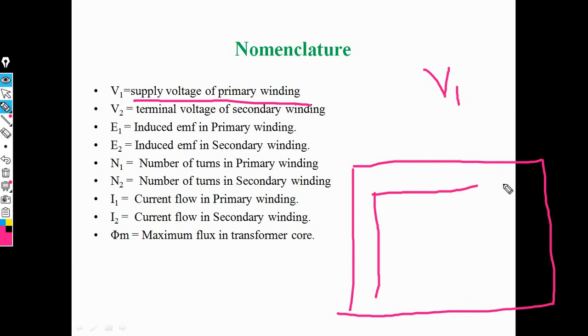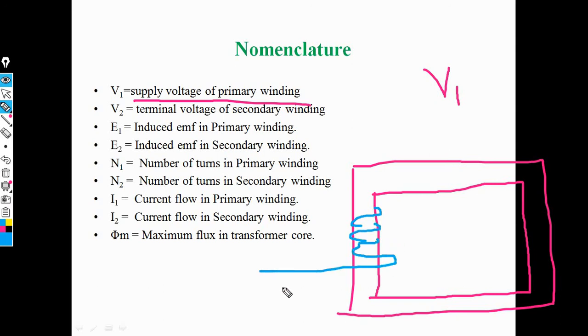Now this is a single phase core type transformer. Here there are two windings. The first winding is the primary winding, that is P, and here is the secondary winding.